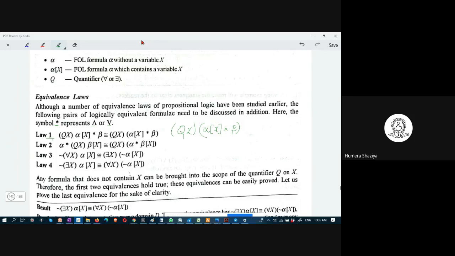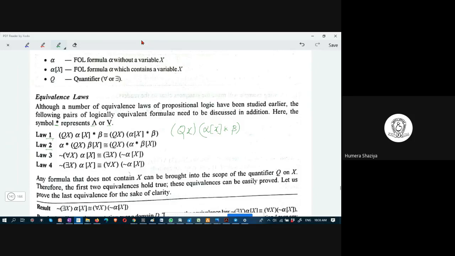This is law 1. Moving on to law 2, alpha asterisk Qx beta x, where Q is a quantifier and x is a variable. How can this be rewritten into something that is valid in PNF, prenex normal form?